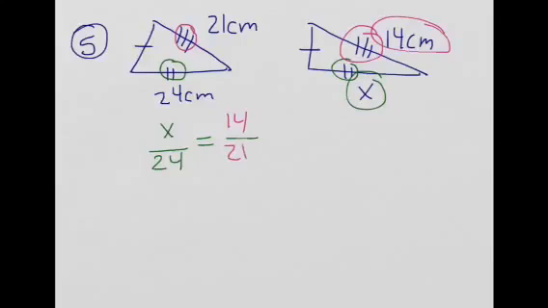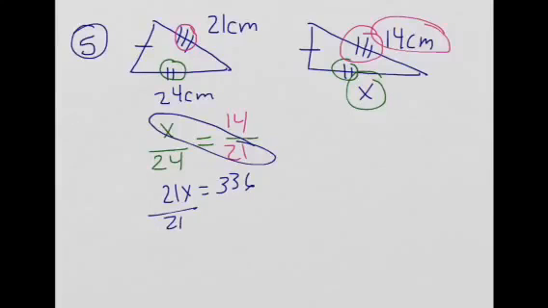So we're going to have 21. We're now going to butterfly. 21x is equal to 336. Divide by 21. X is equal to 16 centimeters.